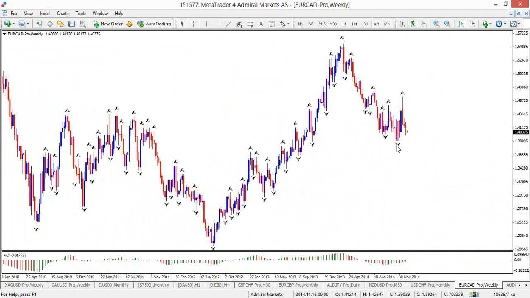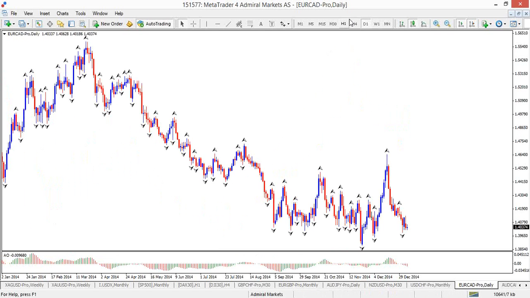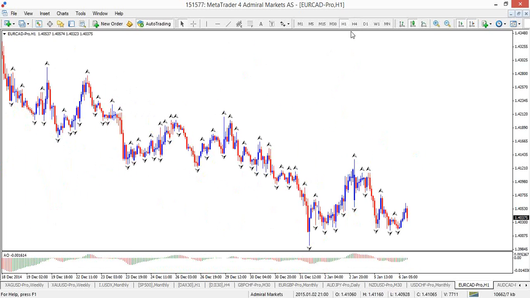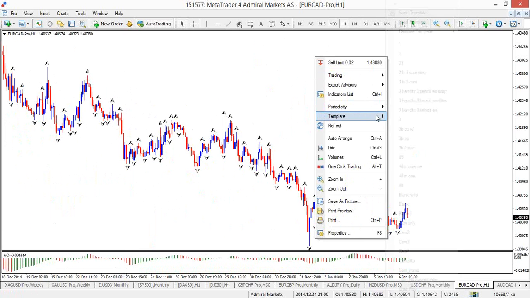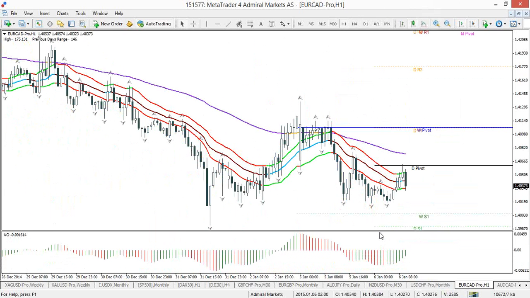From a bigger perspective, it's not easy to see a trade right here because of the fact that price is pretty close to this bottom. That doesn't make it easy. Probably have to zoom into maybe a different template here.